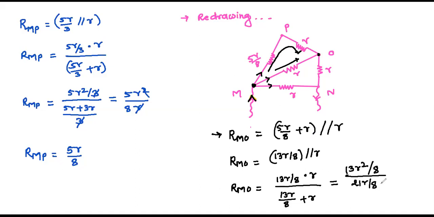R by 8. Is it correct? Check once. If any correction, check and tell me also. Check it once. So 5R by 8 plus R, we did 13R by 8 is in parallel with R.